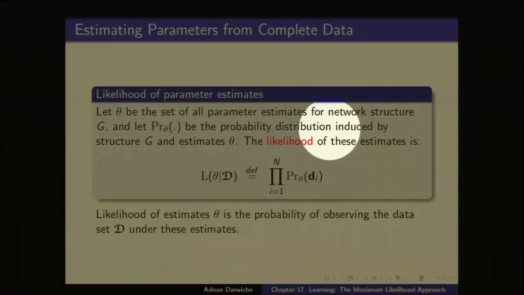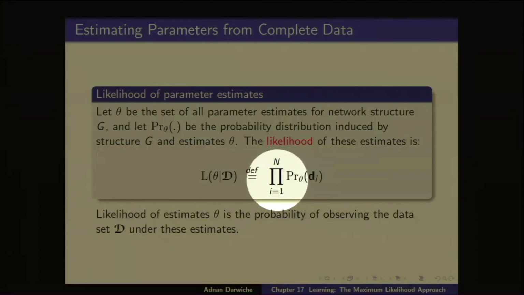The likelihood of these estimates is the following. This is the notation, and let's look at what's going on here. We're going to the data set and iterating over the rows one by one, correct? We're computing the probability of each row and just taking the product. We call that the likelihood of that parameter estimates, and we write it like this.